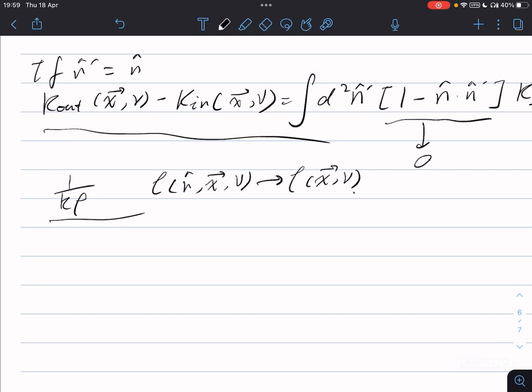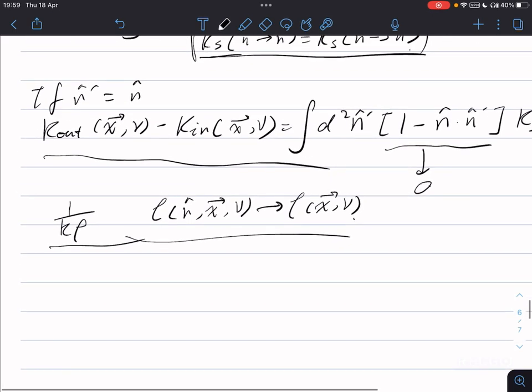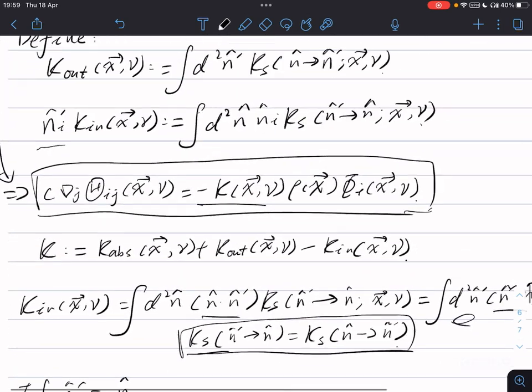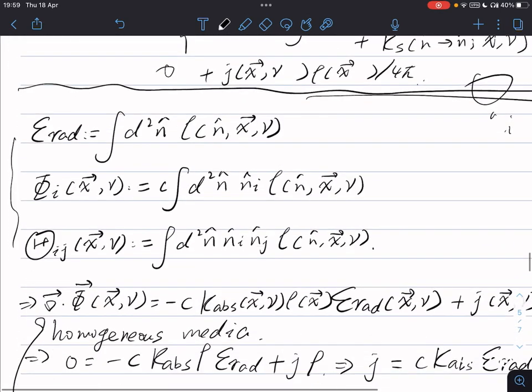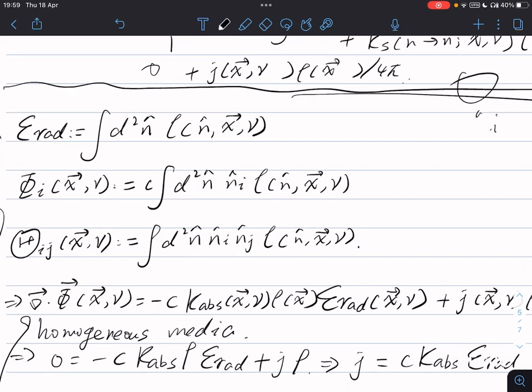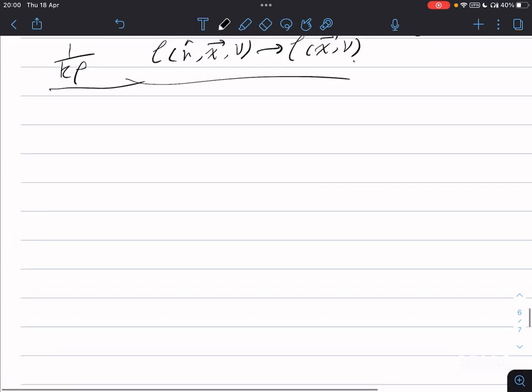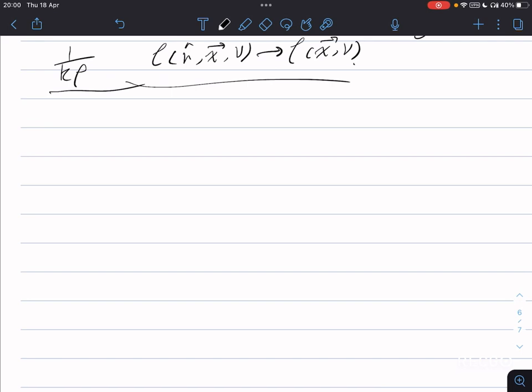Recalling the definitions of the spatial part of the energy-momentum tensor and the flux vector, if L is independent of n, then the integration only concerns n_i and n_j. And we can derive a very simple relation between capital theta and psi in the interior of stars.